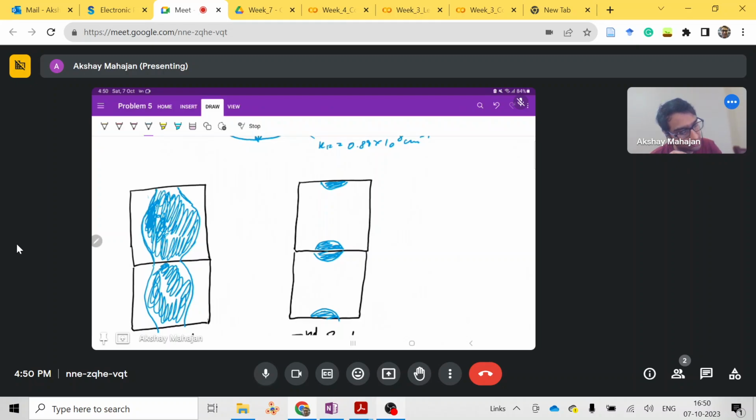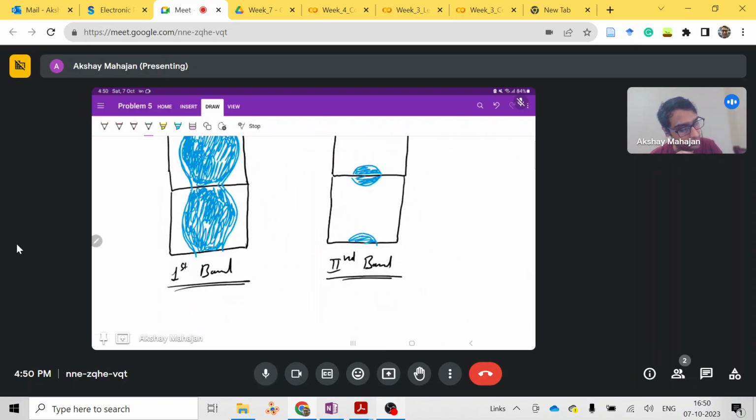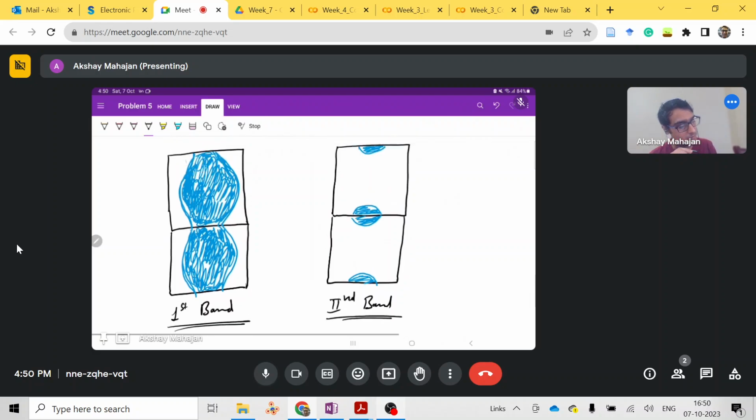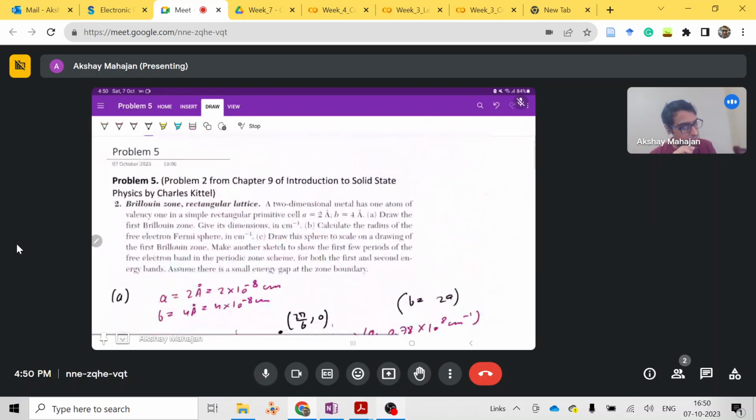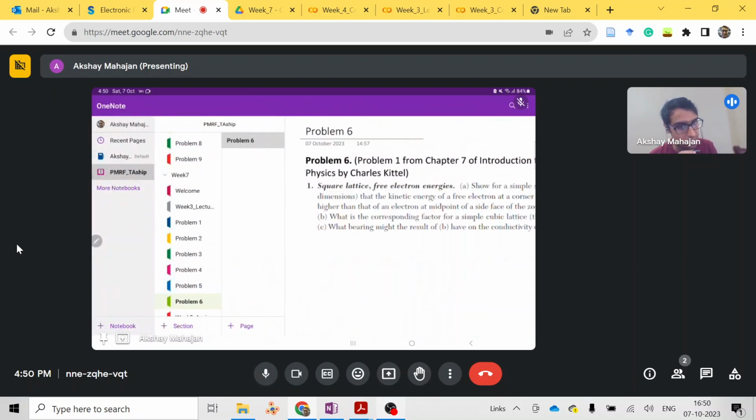I have not drawn it perfectly, but this will be your first band, and this will be your second band. Alright, so this was the problem on the Fermi surface for a 2D element.